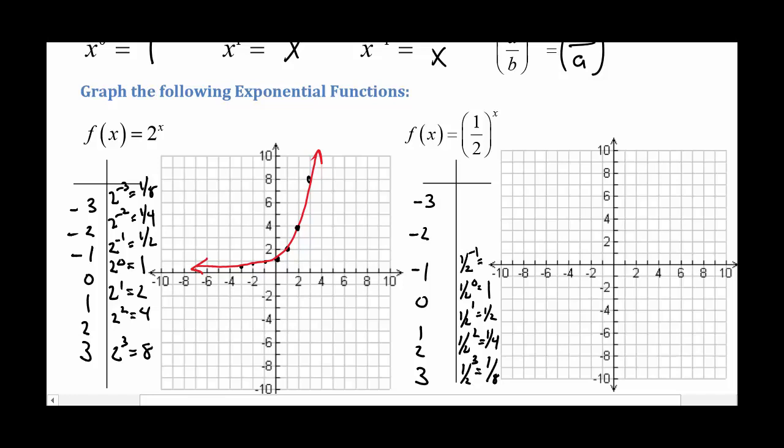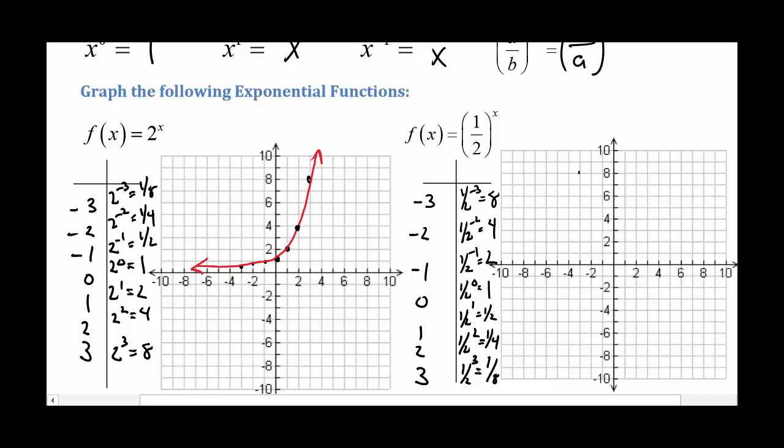Remember, negative puts it as a fraction, so it flips it. It's already a fraction, so if I flip 1/2, the reciprocal, I end up with 2. 1/2 to the negative 2: we already know 1/2 squared is 1/4, so the negative makes that equal to 4. And 1/2 to the negative 3 makes that equal to 8.